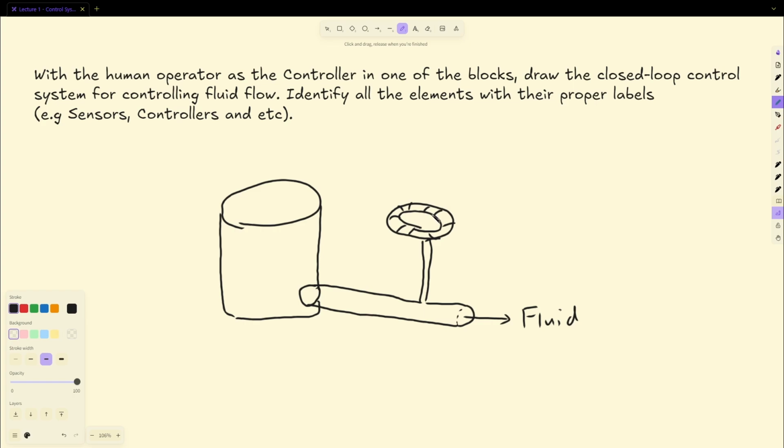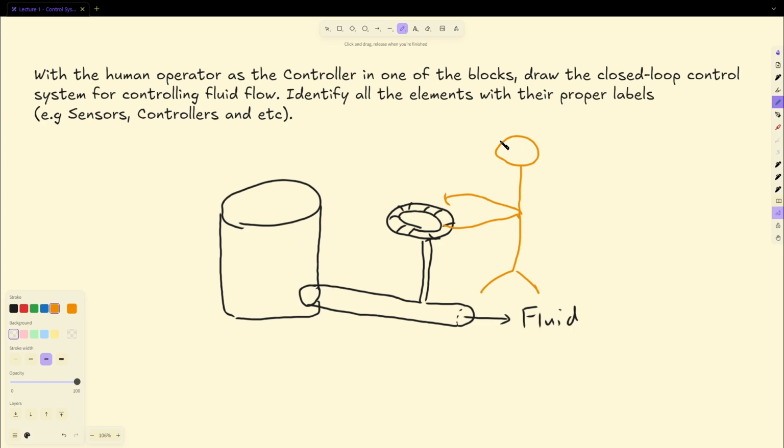And then we have a person. Let's use a stickman diagram, much easier. We have the person who's controlling this, and there is a hole over here that they can use.